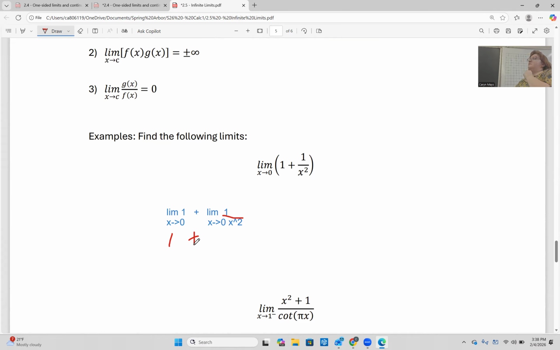What is the limit as x goes to 0 of 1 over x squared? It's going to be positive. Positive what? Infinity, because we're dividing by 0 and it's a non-removable 0. And 1 over something squared is positive, so 1 plus infinity.